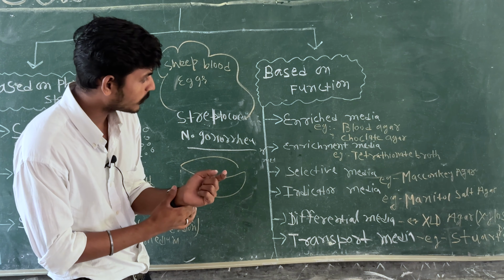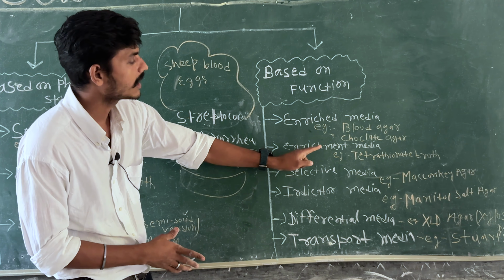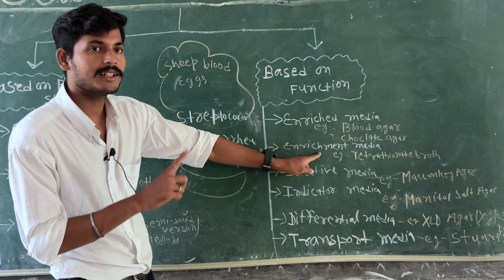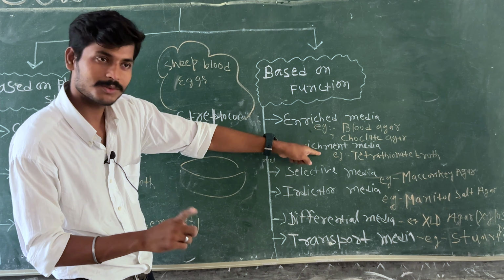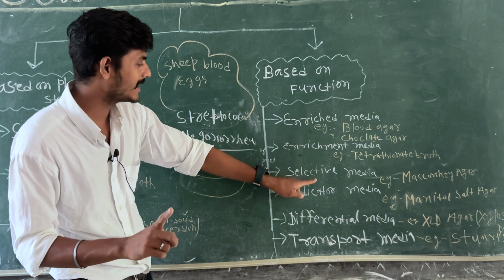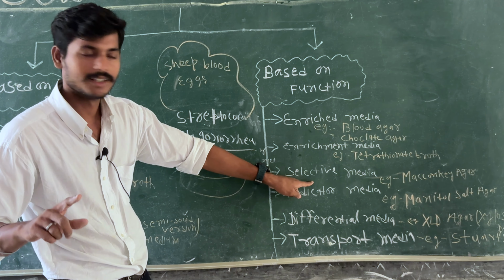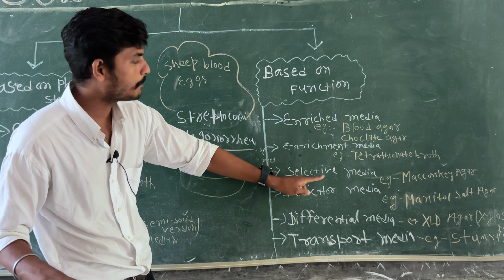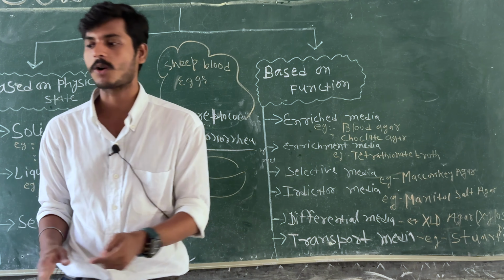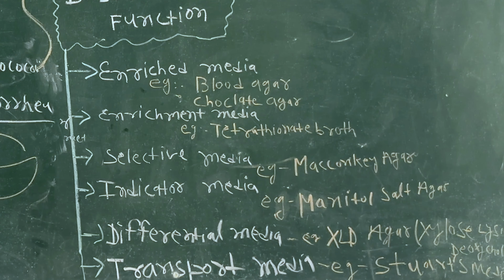And another thing which you have to remember is that the enrichment media is in a liquid state, and selective media is in a solid state. Fine. And the example of the selective media is the MacConkey agar.